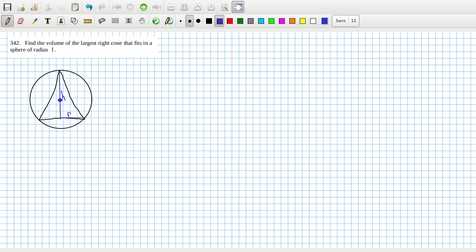Some point here to here is a 1. So maybe we could call that x and that y. I don't know if this is going to be helpful. So x plus y equals the height. And x squared plus r squared has to equal 1.